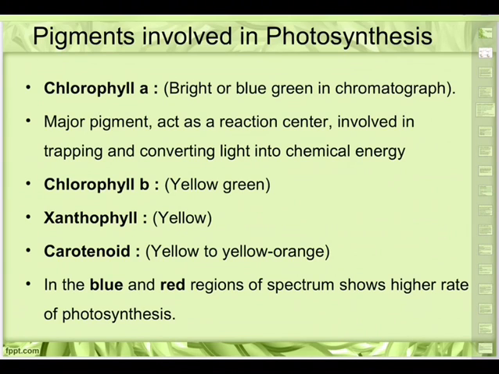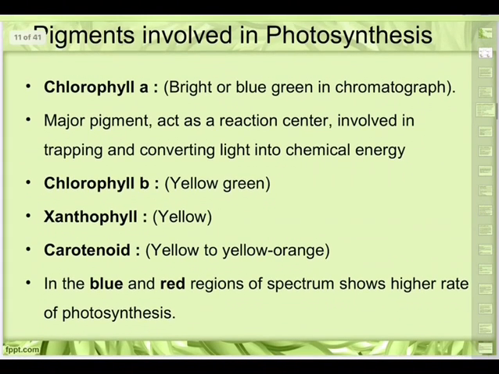Blue wavelengths of light carry more energy while red wavelengths have less energy. The shorter the wavelength, the greater the energy present in it. Already you know it. The most efficient wavelength of light in photosynthesis is that of red light. Green light is the least effective in photosynthesis, but still the plants are green, having chlorophyll.